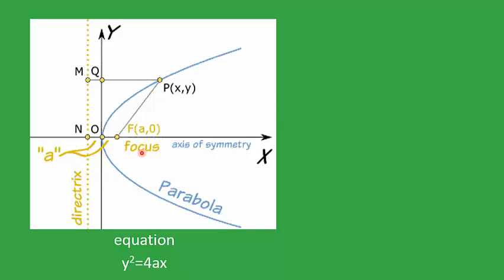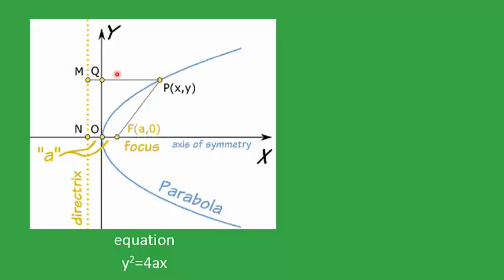To get the general equation of this type of parabola, we'll use the basic definition. First, let's take the point P(x, y) and draw a perpendicular from P to the directrix, hitting it at M. The coordinates of M will have the same y coordinate as point P and x coordinate equal to minus a, so M is (minus a, y).